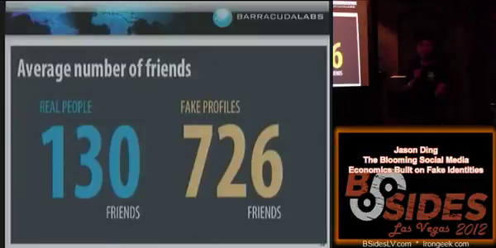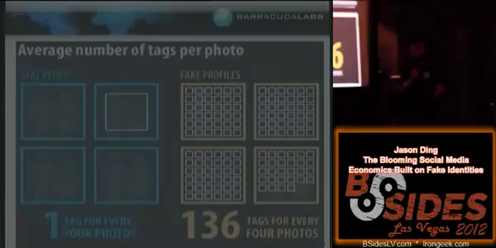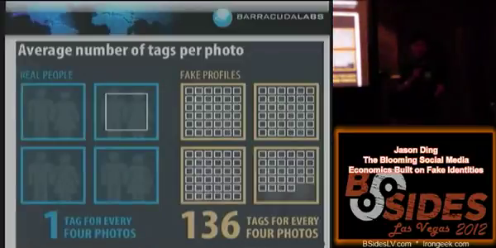And the average number of friends for them, actually these two features work very well, since they have many more friends than regular people, 700 friends. And they target more people, like I mentioned, they have a purpose, so they target 100 times more people than you tag in your photos.